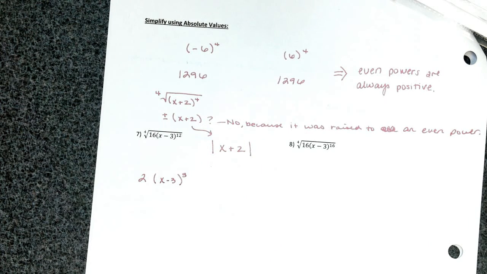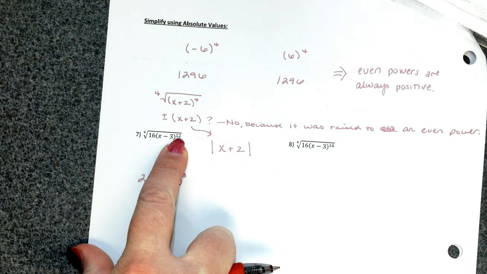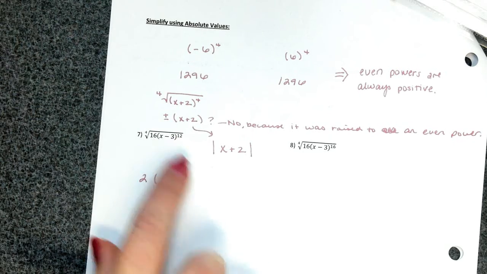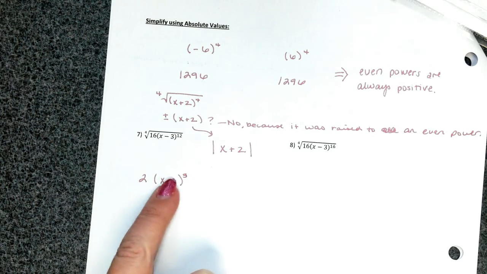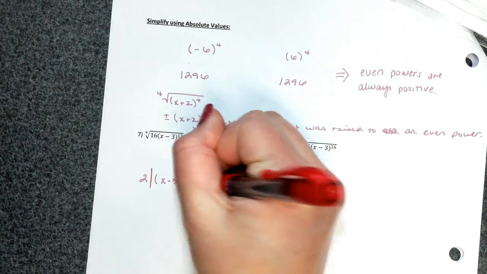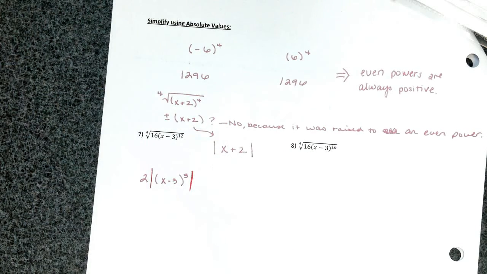Okay. So, here's the thing. We were at an even power, so that had to be positive. Is your answer still going to show up positive? Not necessarily. So in that case, around just that thing, we need absolute value bars to show that it will remain positive.